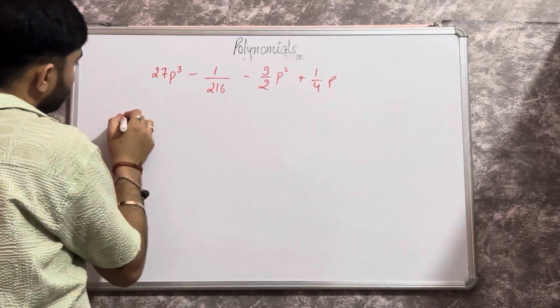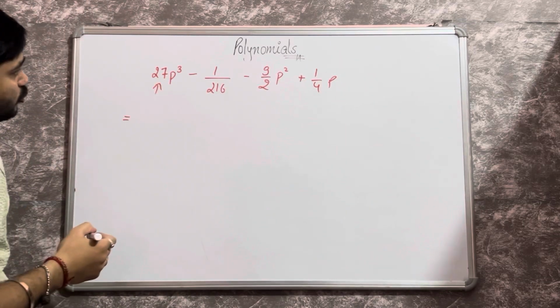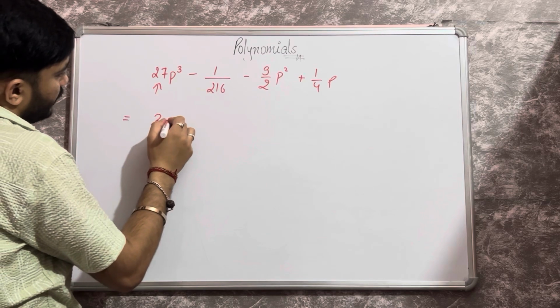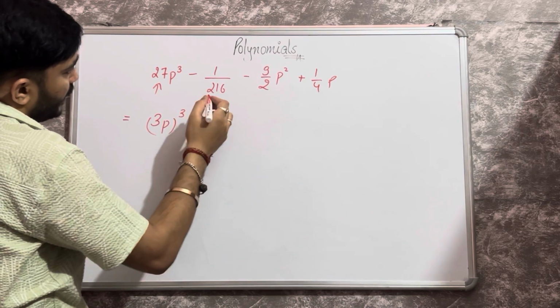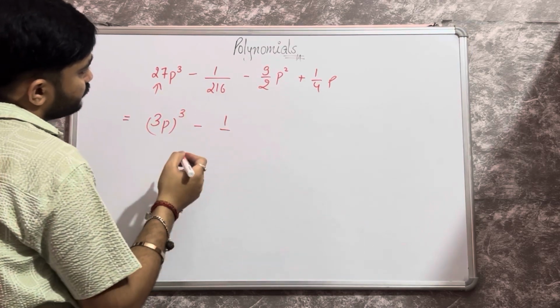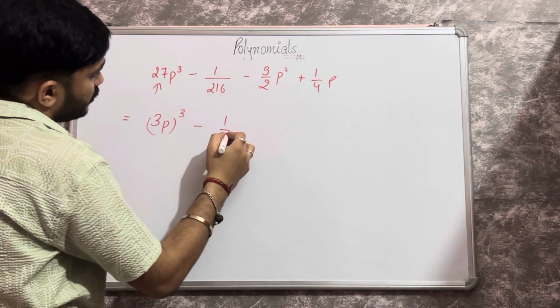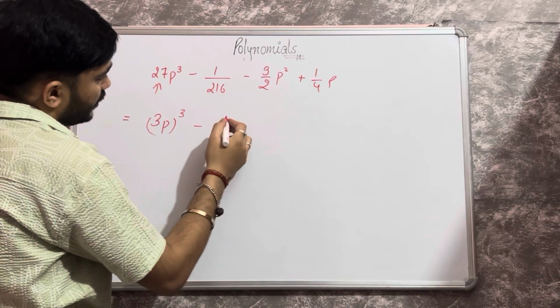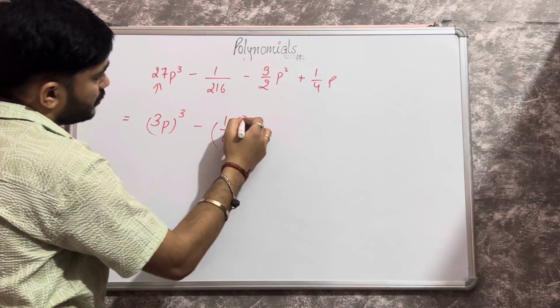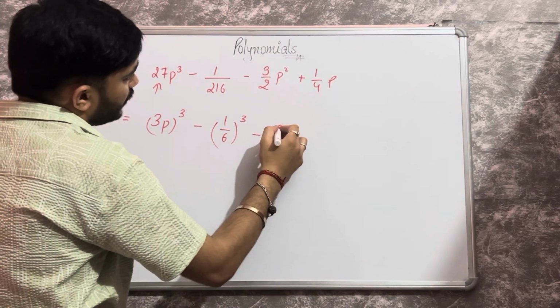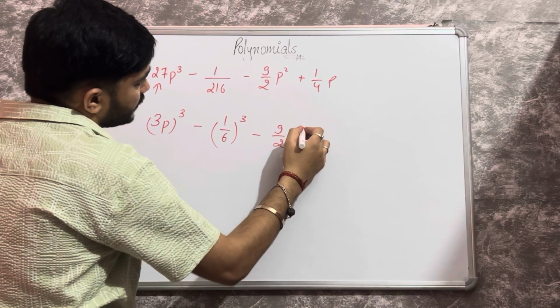How are we going to solve this? Whose cube is 27? That is 3p whole cube minus 1 cube. The cube of 1 is 1, and 216 is the cube of 6. So we are going to write it as 1 upon 6 whole cube, and write the rest of the terms as it is.